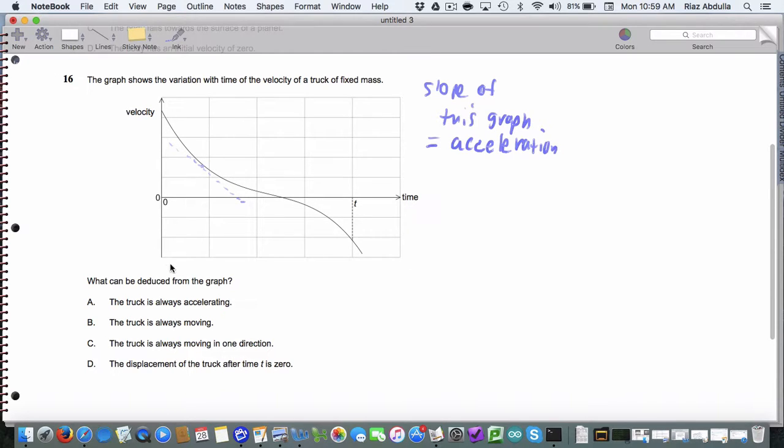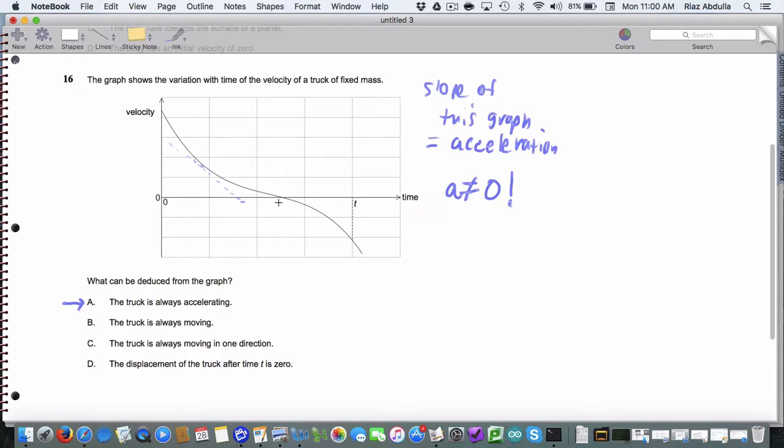If we do that at any point along this graph, we realize that a is never 0. So that's one thing we can always say: the truck is always accelerating.